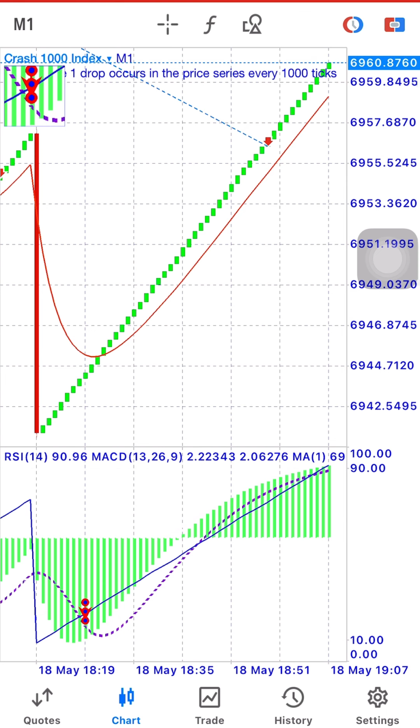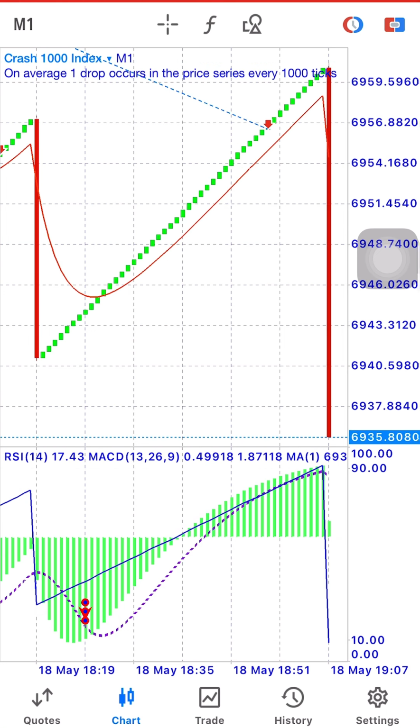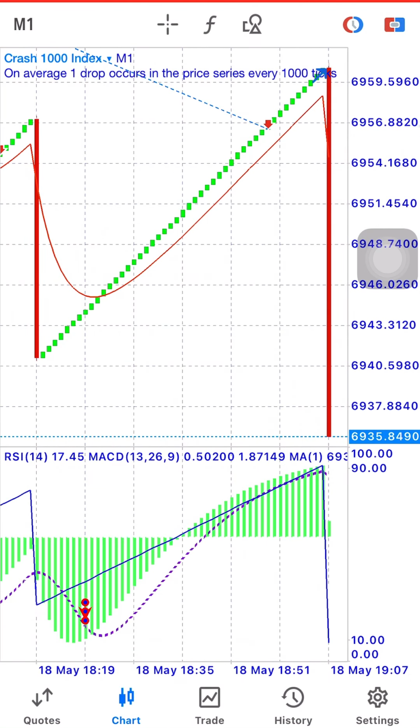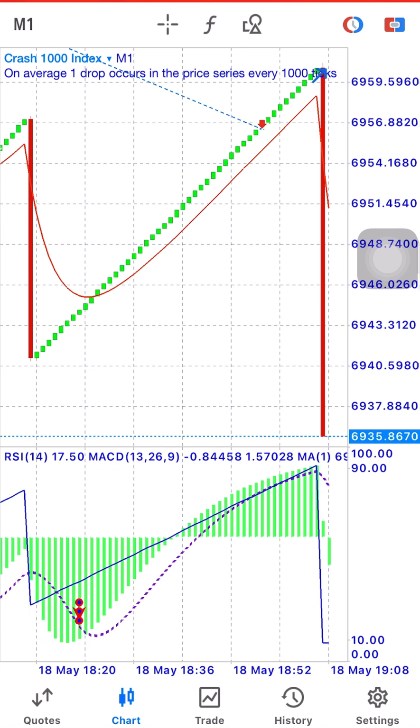Then after exiting like that, you have to count like 1 or 2 candles, then you can enter again.